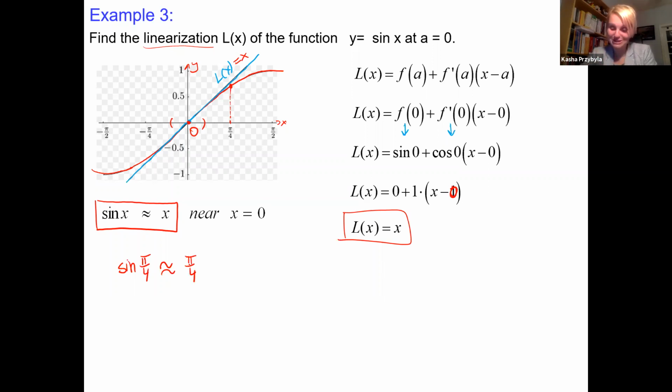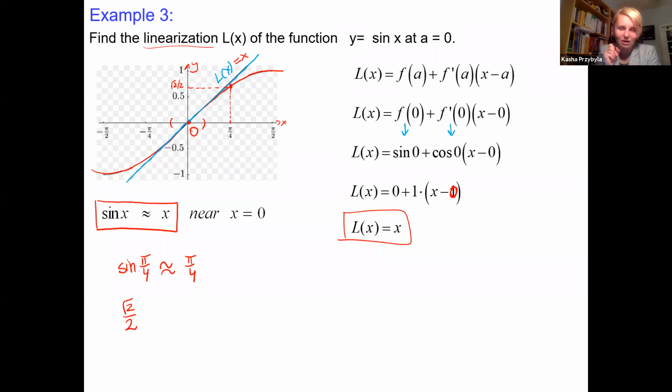But let's clarify something. That means this is sine of 45 degrees. Do we know the real value? What's the sine of 45? Sine of 45 is square root of 2 over 2. That means this is the actual value.